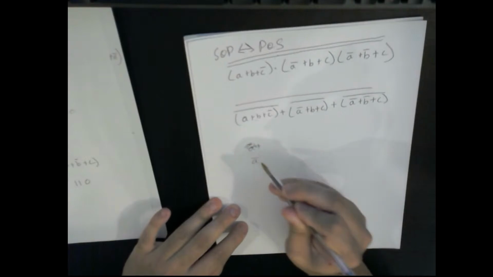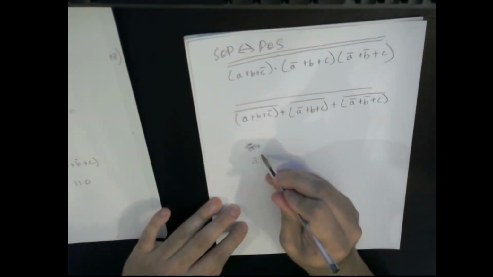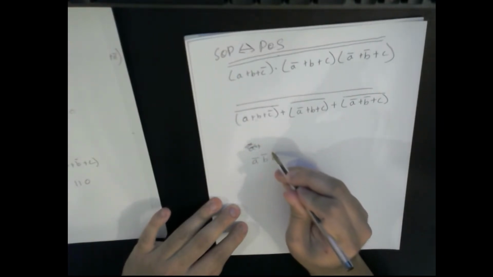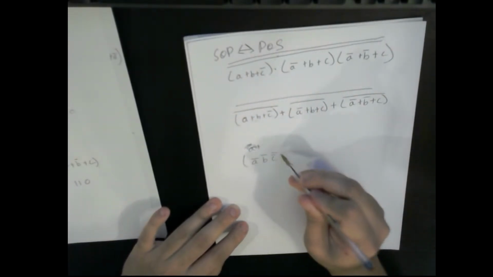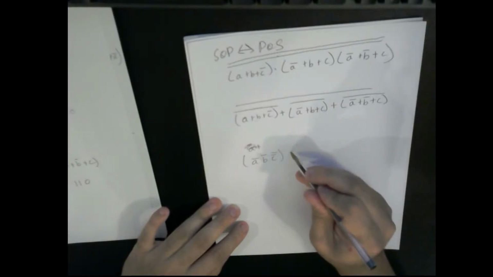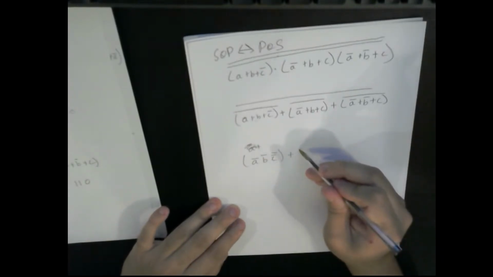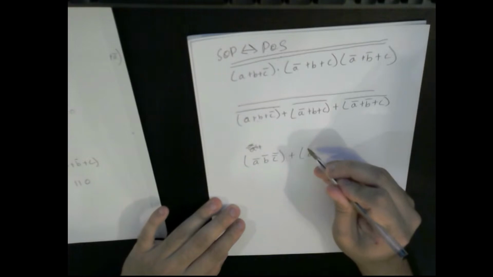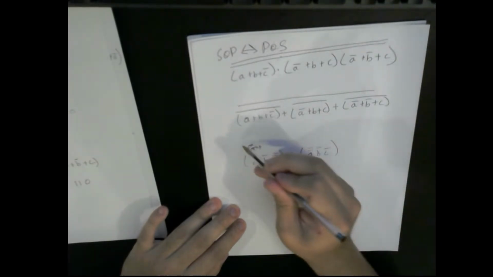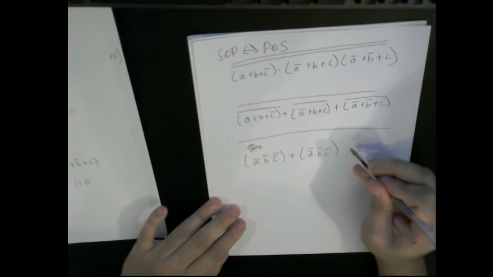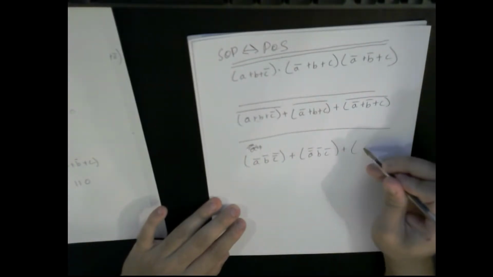It's going to be A naught, B naught, and C double naught now, because I already had a naught there. So it's going to turn into this, plus A double naught B C, still big here, plus.